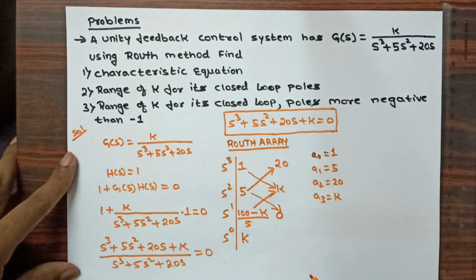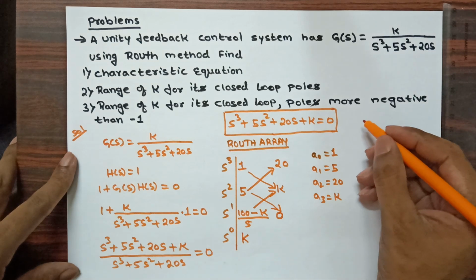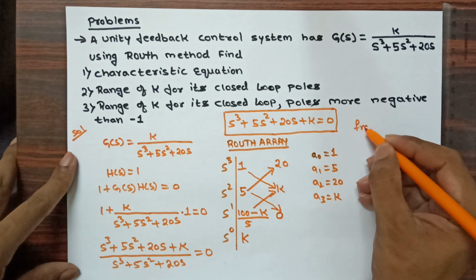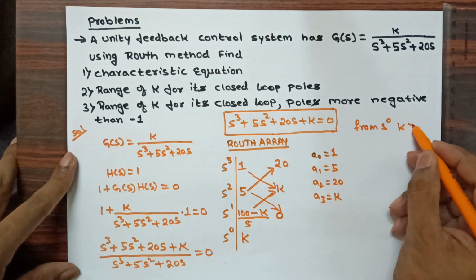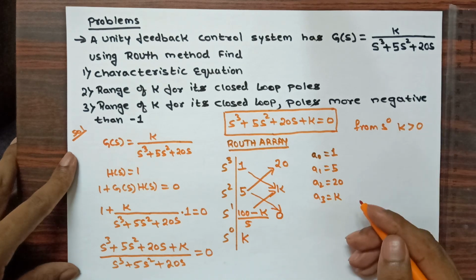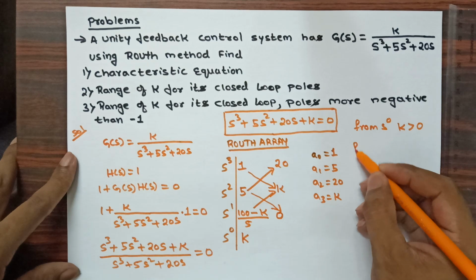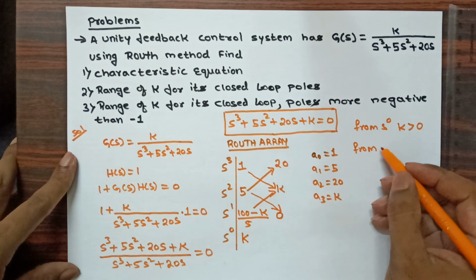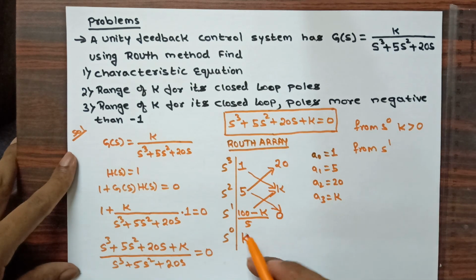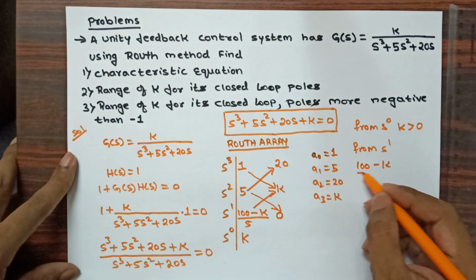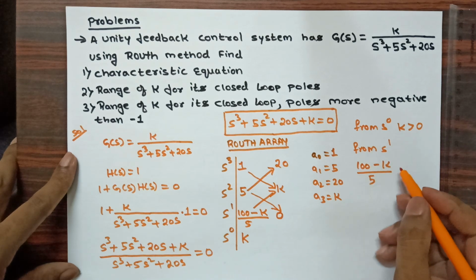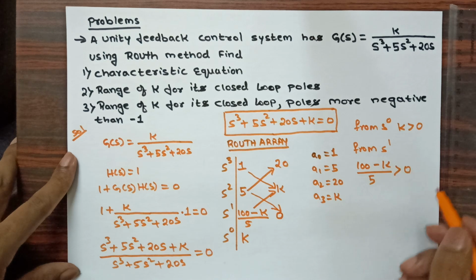Now to find the range of K, I know the procedure. First I consider the s^0 row. From the s^0 row, we have K greater than 0. And then next, from s^1, I get this equation (100 - K) divided by 5 greater than 0.